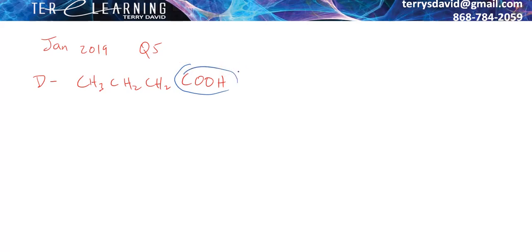So this functional group, the COOH group, is what we call the carboxylic acid group. So this is a carboxylic acid, or what we call the alkanoic acid.